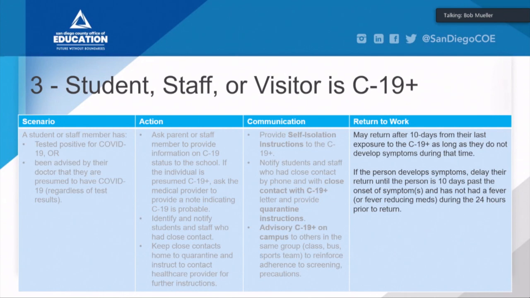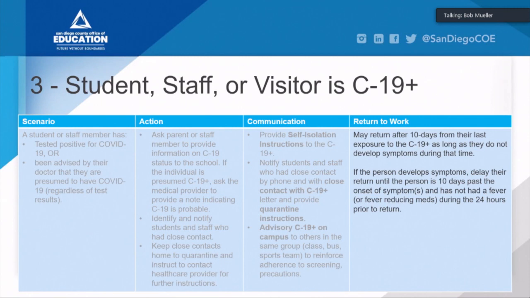In terms of return to work, these folks can return to work 10 days after their last exposure to the C19 positive person. So if they're asymptomatic, they can return 10 days after their last exposure to the person that they may have gotten it from, and as long as they don't develop symptoms.